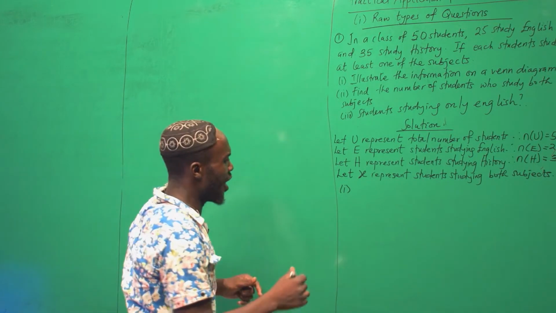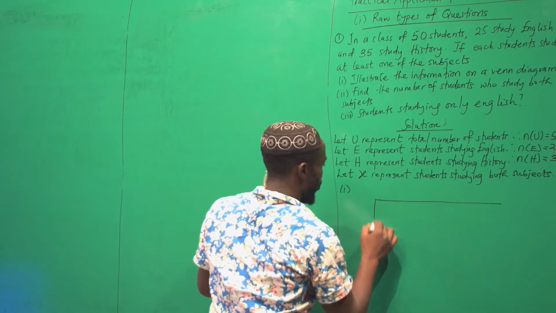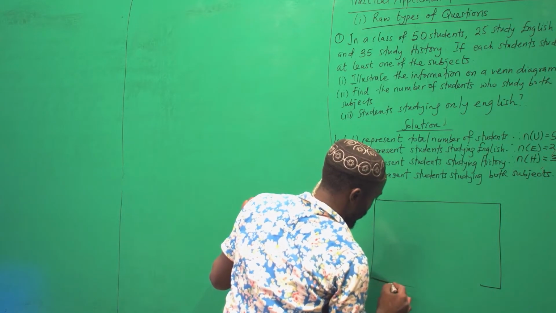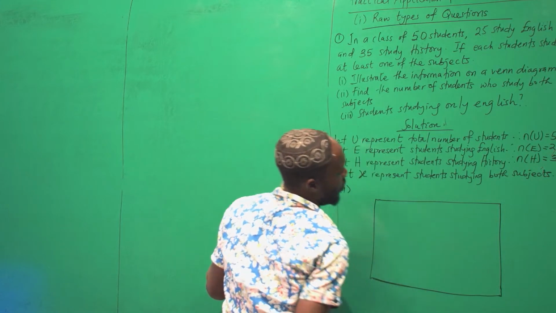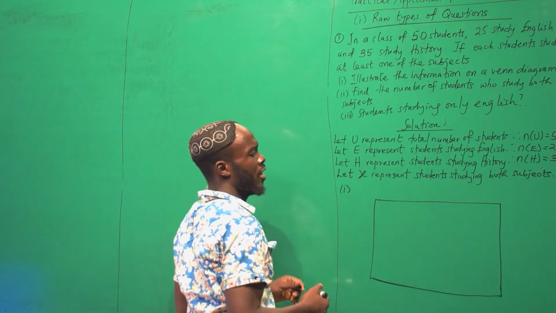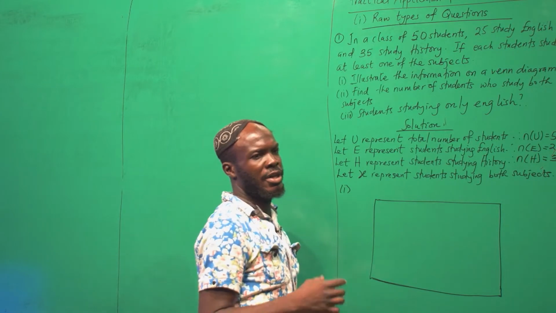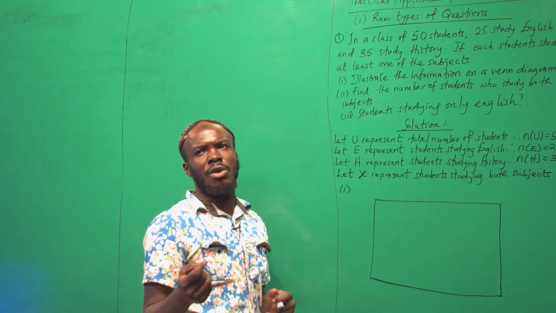Okay, so you get your ruler, then you draw your Venn diagram, your rectangle. Then for your circles, we tell students to get coins, or any object in a circular form, or the compass.